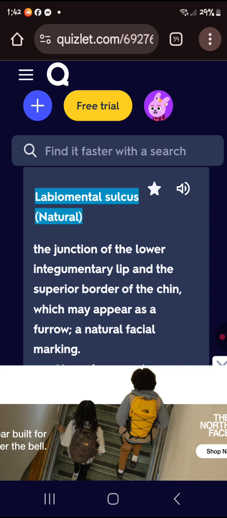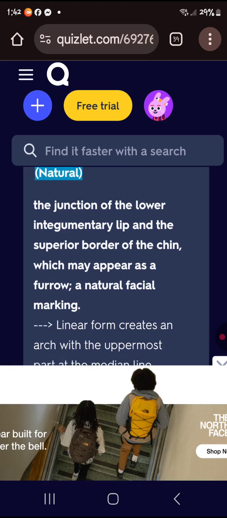Labiomental sulcus, natural. The lips and the chin wrinkle. The junction of the lower integumentary lip, and it's going to be the lower integumentary lip because that's where your chin is, right? And the superior border of the chin.